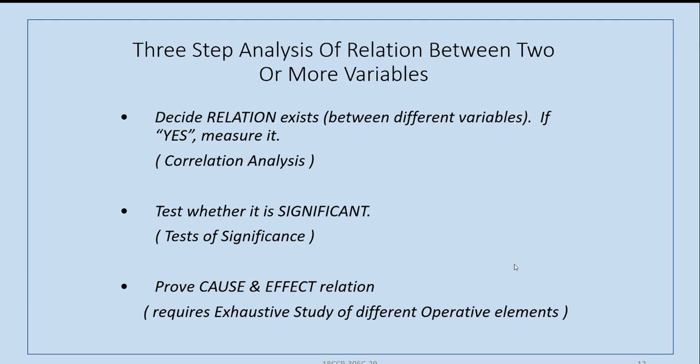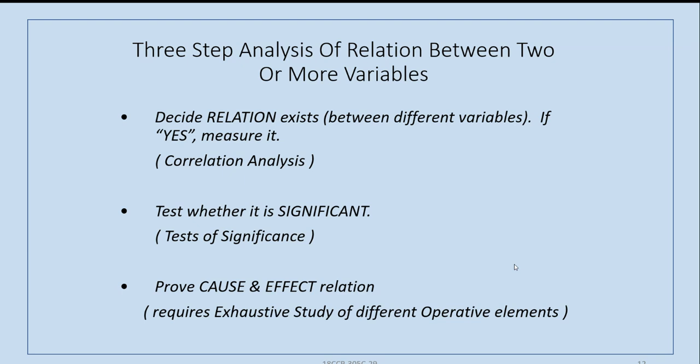Now we'll understand the three-step analysis of relation between two or more variables. There are three steps to understand the relationship. One is to decide whether a relation exists. If you decide there is a relation between the two variables, then the measure of that relationship is called correlation analysis.